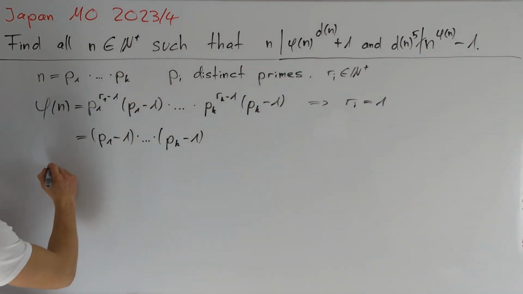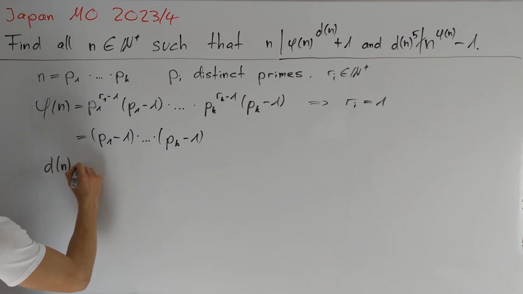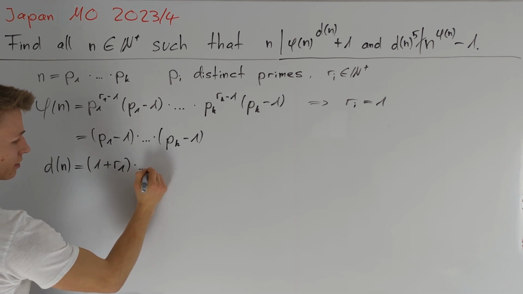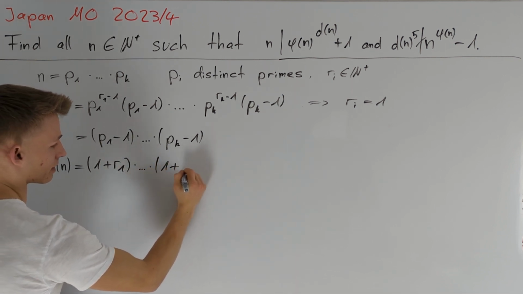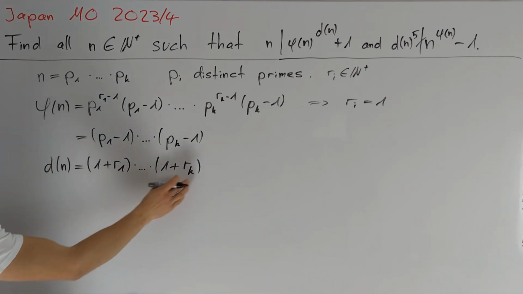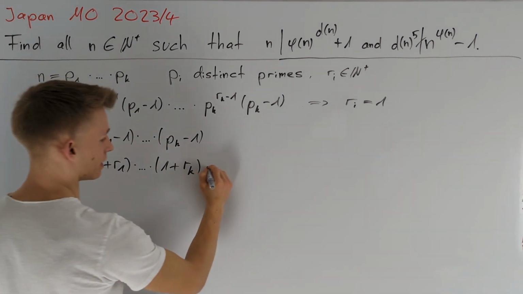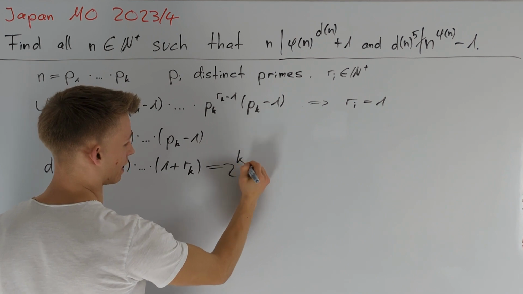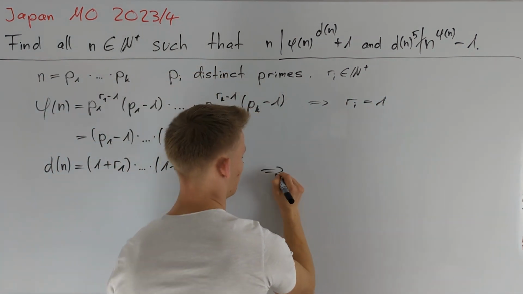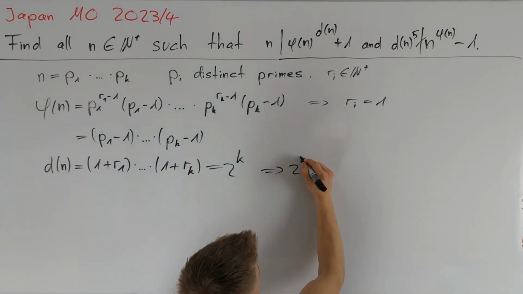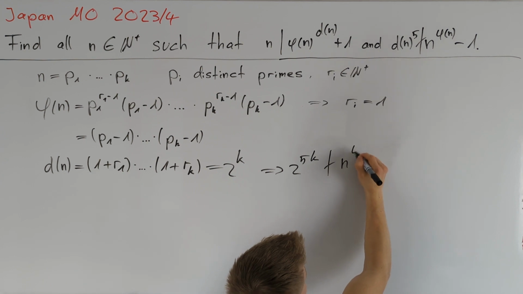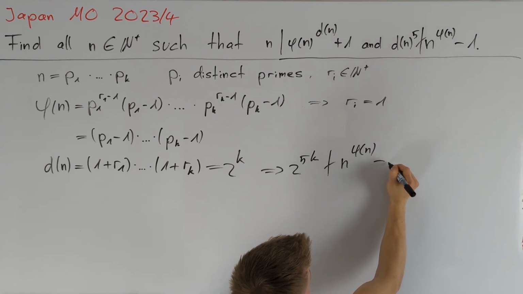Now let's have a look at the value of d of n. We know that d of n is equal to 1 plus r1 times and so on up to 1 plus rk, but since r1 up to rk are all equal to 1, this is equal to 2 to the power of k. Therefore, our second condition tells us that 2 to the power of 5k does not divide n to the power of phi of n minus 1.